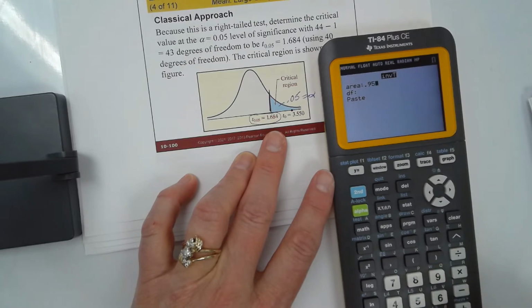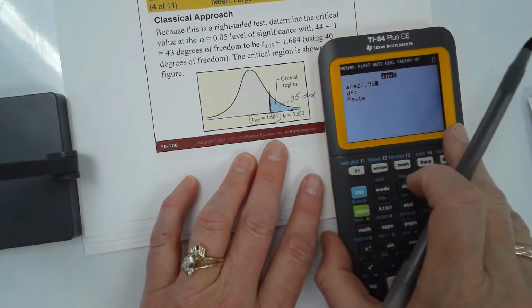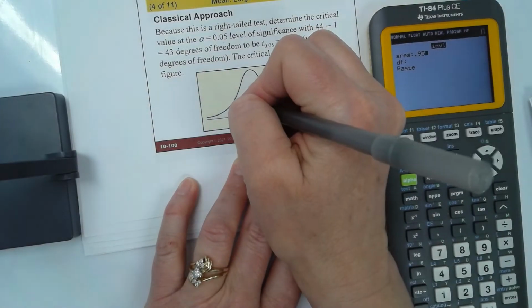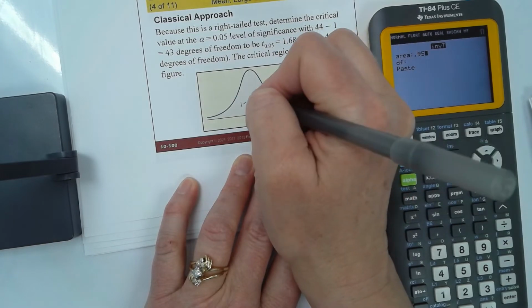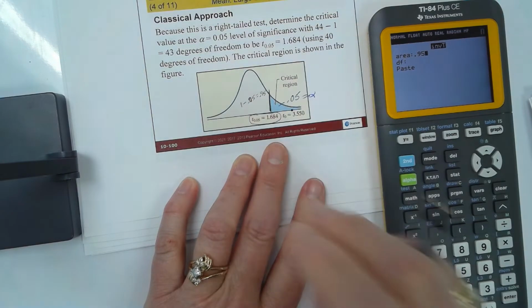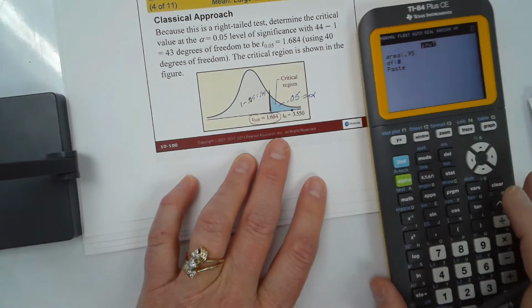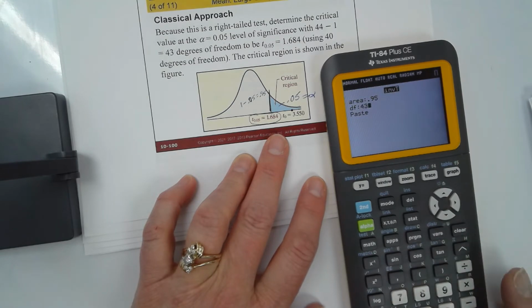I believe you have to put the area to the left as 0.95, because if it's 0.05 on the right, then the area to the left is 1 minus 0.05, which is 0.95. And then the degrees of freedom are going to be 44 minus 1, which is 43.